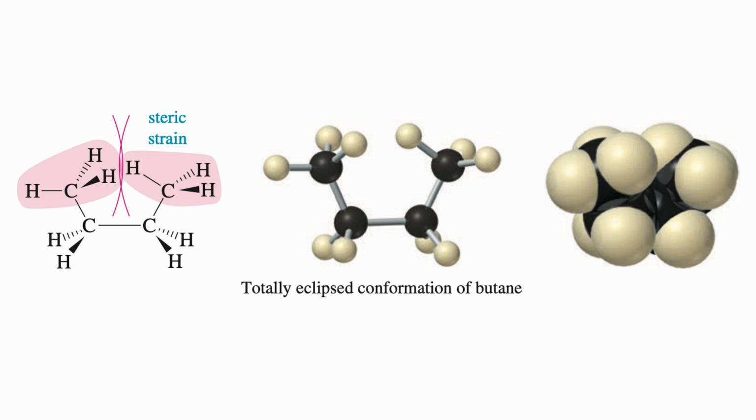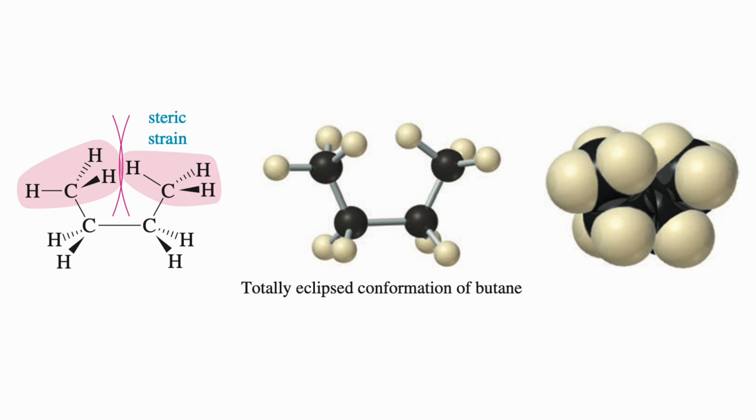But here in butane, finally we can see that atoms themselves, the valence shell of the atom, the electrons on the very outside of the atom, those electron clouds can bump into each other if the atoms are too close, and we call that steric strain.